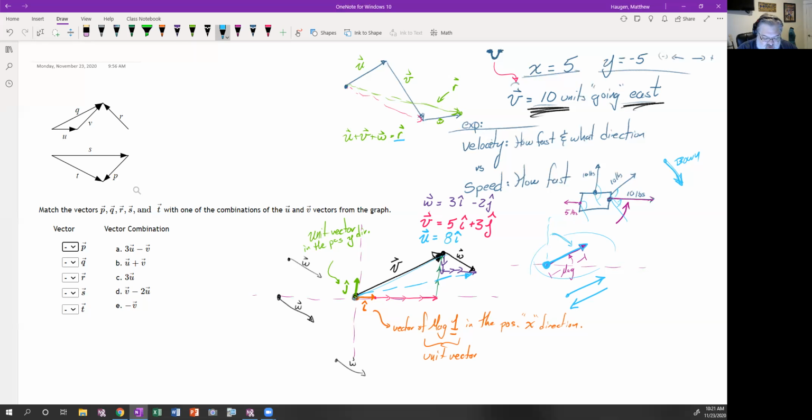It would take 8 i's to get all the way out to here, plus 1 j. Okay, my scale's a little off. That's okay. 1 j to get up there to its head. So doing our adding and subtracting and even some of our multiplying with vectors in component form is real nice, real easy. Fair?